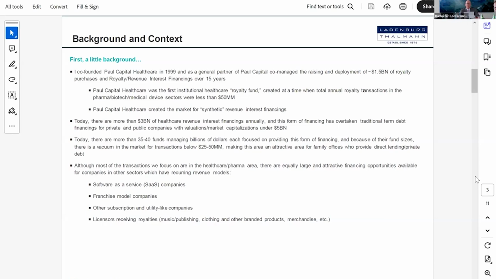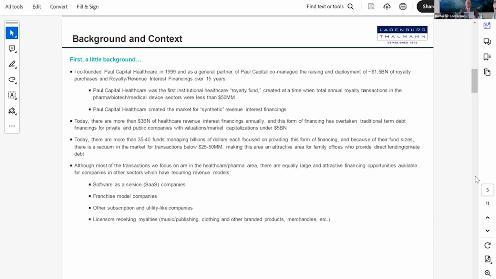So if you're Bristol Myers Squibb, you don't necessarily need this form of financing. But most companies below $5 billion use this form of financing all the time. Interestingly, there are approximately 35 to 40 funds who provide this form of financing in the healthcare market, each of whom can do $100 million financings on their own.